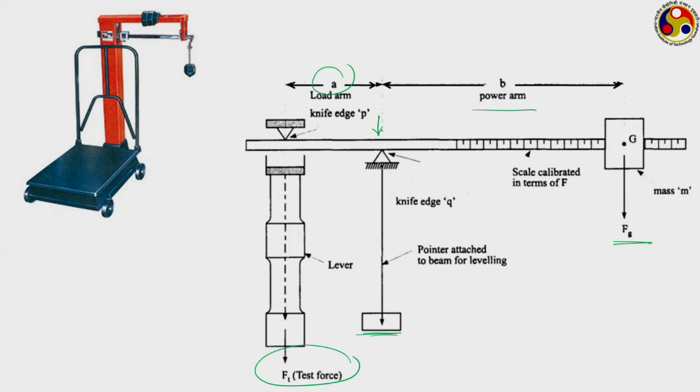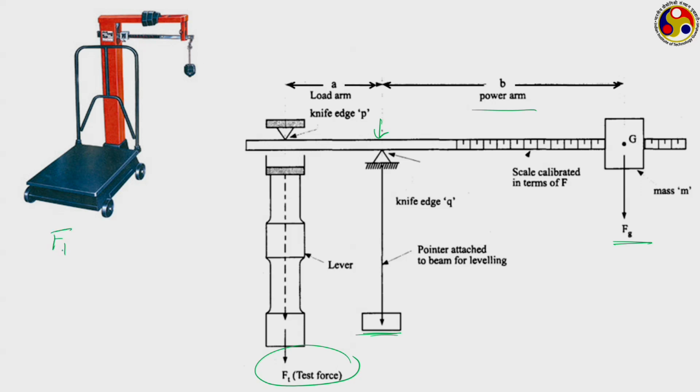Then how can we write a balance equation so that we can get a relation between Ft and Fg? Remember, Fg is the known force from the mass, and Ft is the one we are trying to calculate. So, how much moment is Ft imposing at this point?